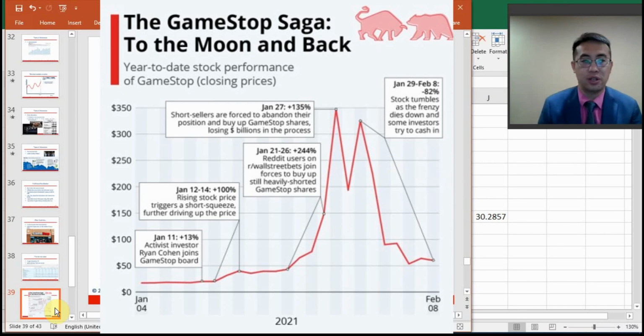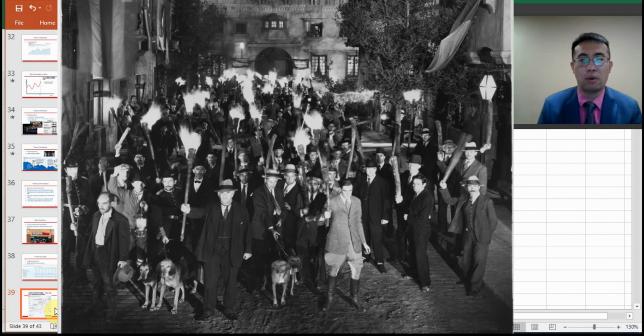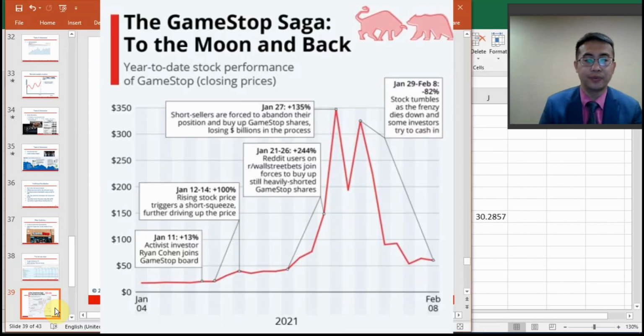But of course, such behavior by the Reddit users lacks financial fundamentals. It's more like a market manipulation, or it's more like the common villagers storm the castle or a communist revolution. There is no financial foundation behind that.